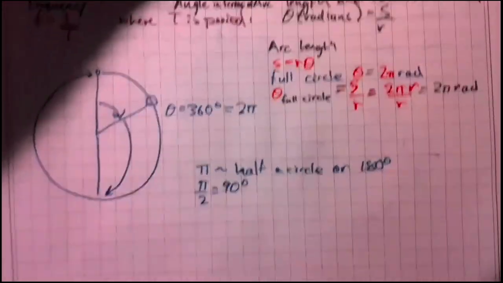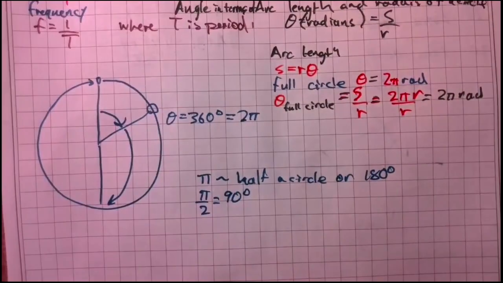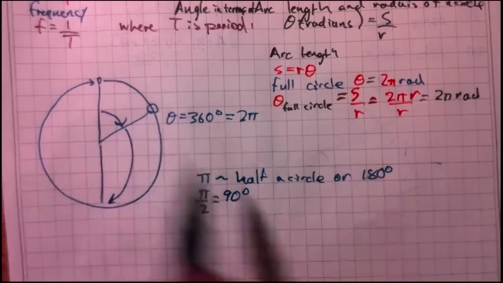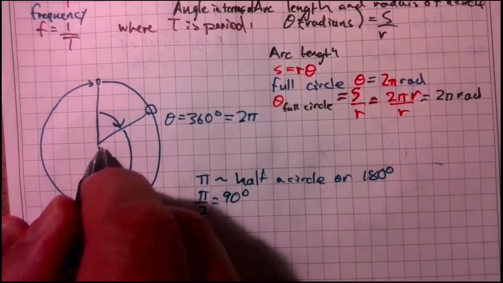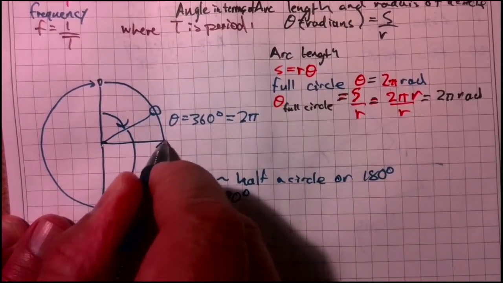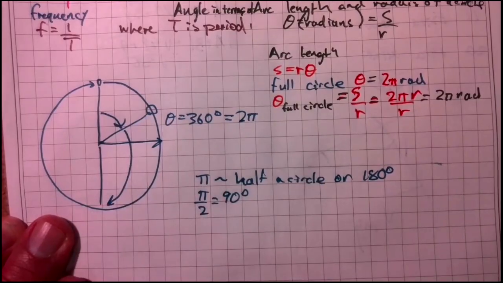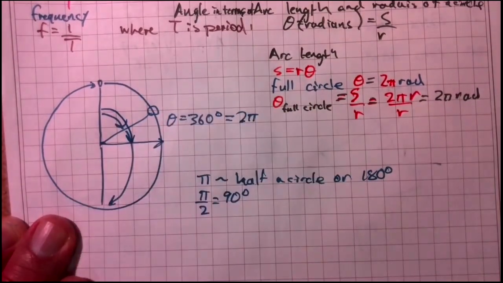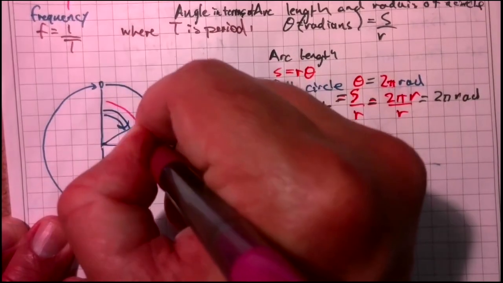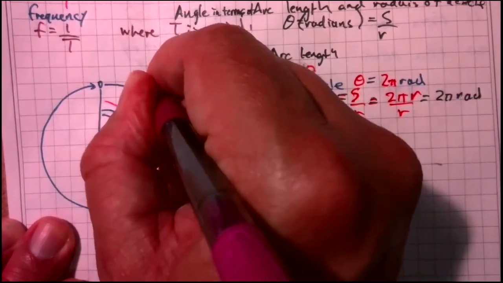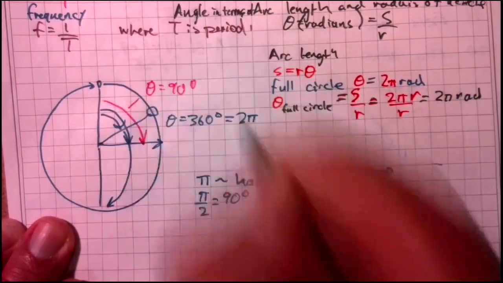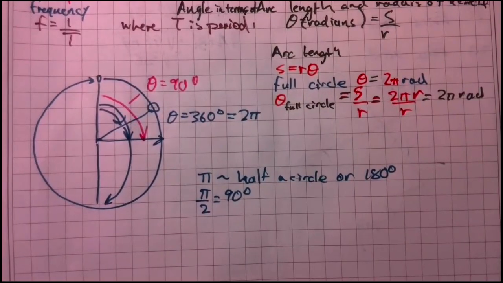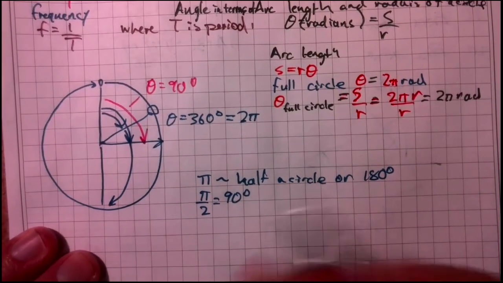Okay, so this is kind of our reference point here. 90 degrees would be here. That is a quarter of a circle, and our angle here is 90 degrees. So if we went like this, our angle is 90 degrees. These are important ways that we're going to keep track of our circle.